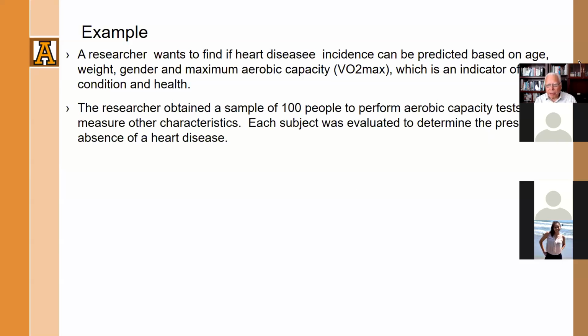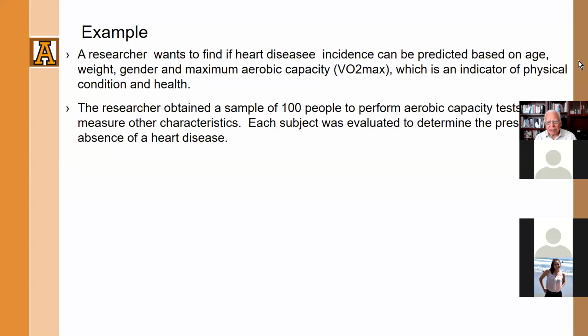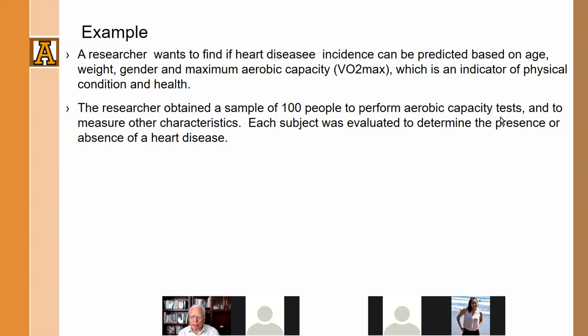We have 100 people where they perform aerobic capacity tests, and they measure their characteristics. Then each subject was evaluated to determine the presence or absence of a heart disease. We have a total of 100 people. The data are in file heart disease .csv.